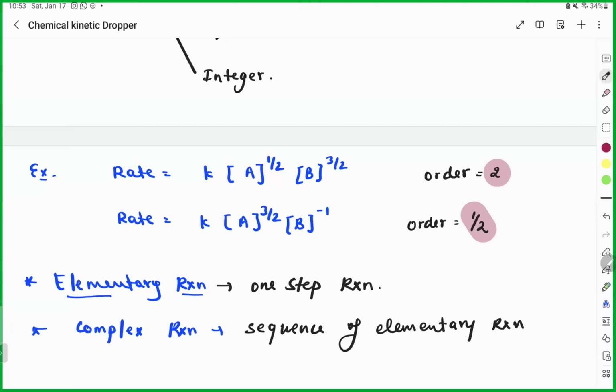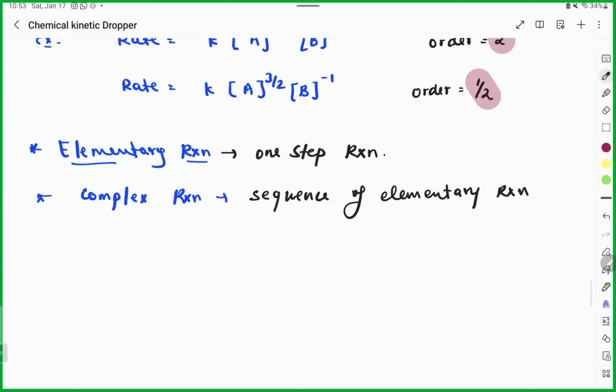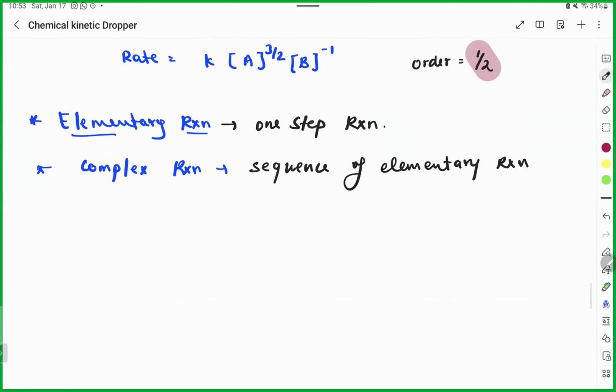Again, if you see the unit for different types of reaction, how to calculate the unit of the rate constant? Marinder, unit of rate constant. It depends which order we are talking about. What is rate constant?